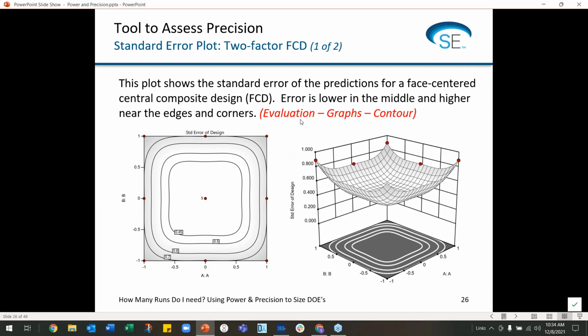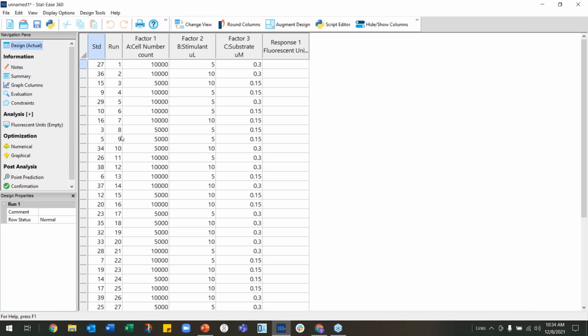Now, this graph can be found under evaluation, graphs, contour, and as a matter of fact, I can pull one up here. I'll just take this one, for instance.